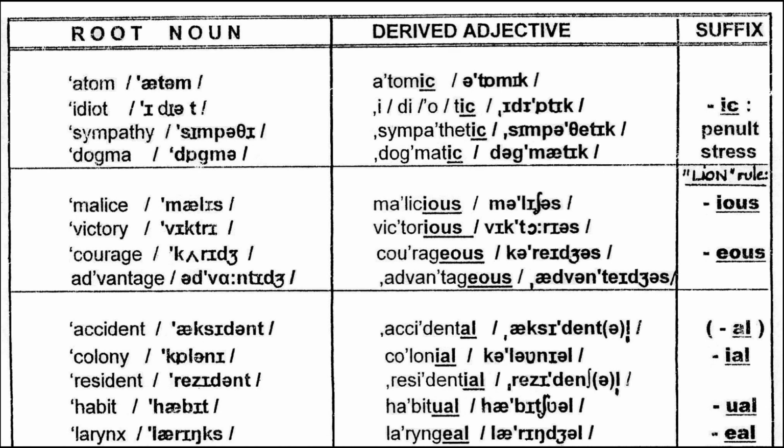We start with the first word, the root noun atom. When we have added the -ic suffix to form an adjective, it becomes atomic. Atom, atomic. So what happened here? First, we notice a stress shift from the first syllable to the second syllable, to. And also we notice a change in vowel quality.